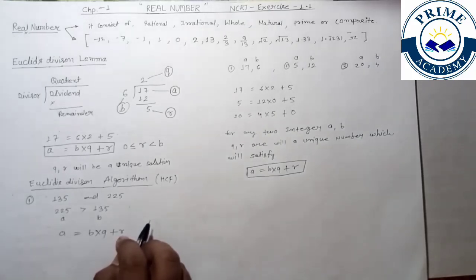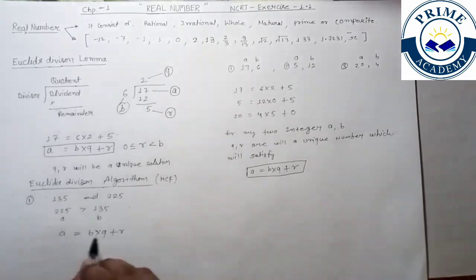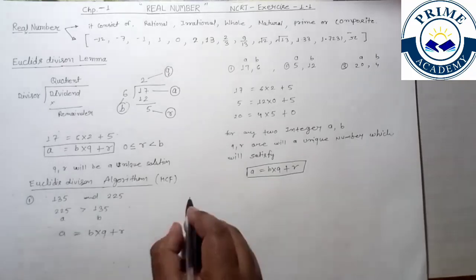Whenever R becomes 0 you stop, and that number will be the HCF. So here we are going to solve.